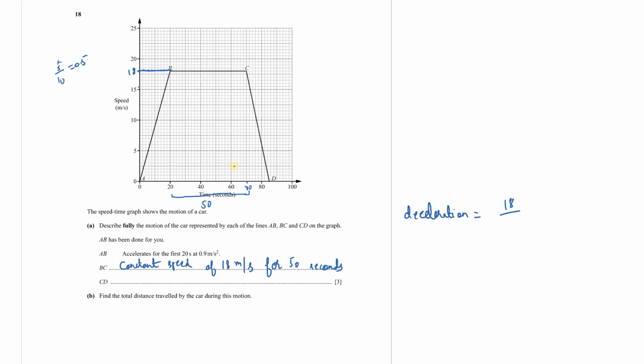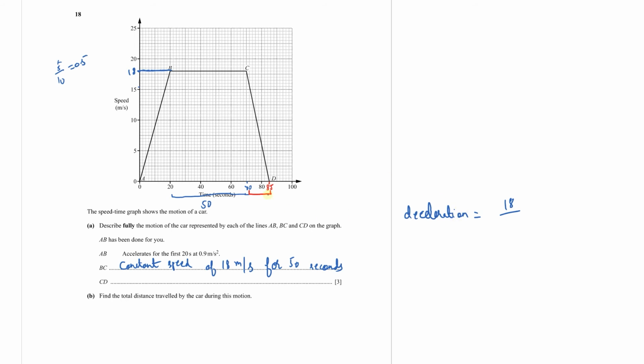So let me mark it here. So you have to find this value. It's in the middle of this small block. So let's see. So this is 70, this is 80. That means each small block represents a value of 2. So this will be 82, 84, and then in the middle it'll be 85.